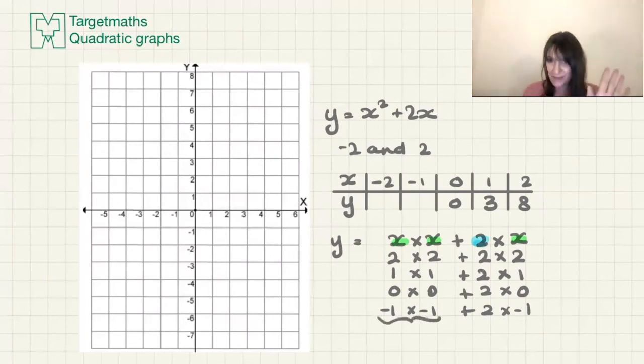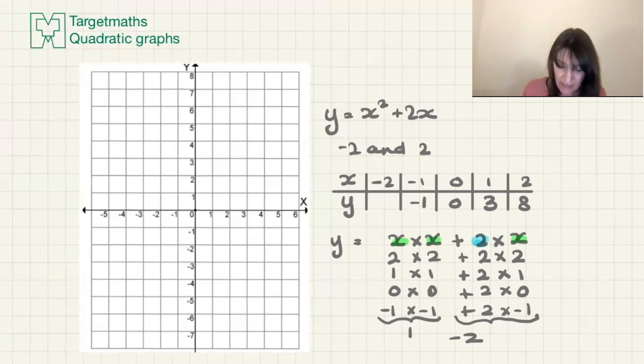I'm not going to try and hold it in my head. That is when I'm likely to make a mistake. Minus 1 times minus 1 is positive 1. 2 negatives make a positive. Okay, then this bit here is 2 times minus 1. I've got a positive 2 and a negative 1. 2 times minus 1 is minus 2. Dear, that didn't come out very well. And then 1 minus 2 is minus 1. So that's what we're going to put in there.